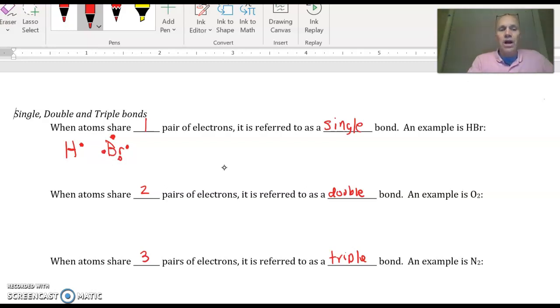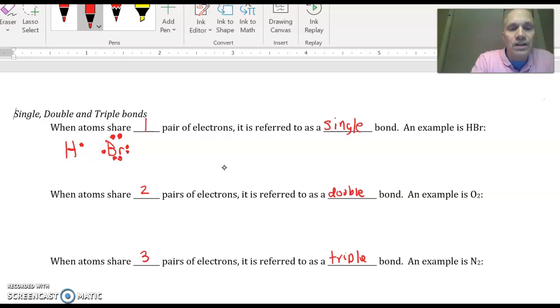I want that single electron to be on the side facing the hydrogen so that I can basically put these atoms together like jigsaw puzzle pieces. So when I'm placing the next 3 electrons, I'm going to put 1 here, 1 here, and 1 here.